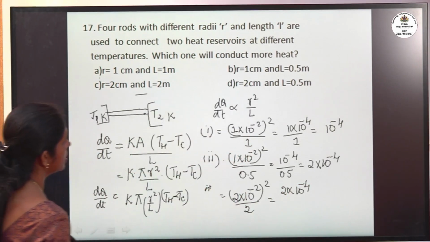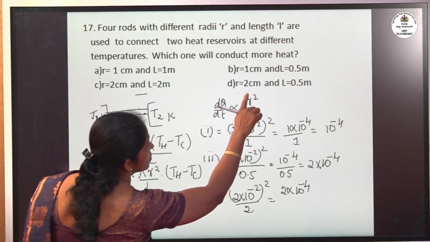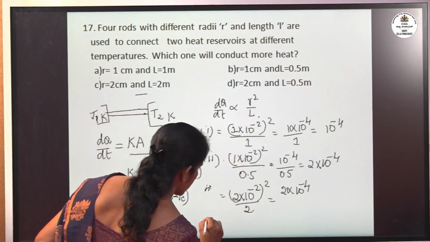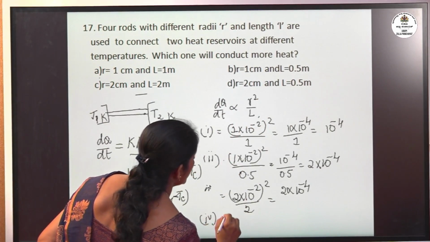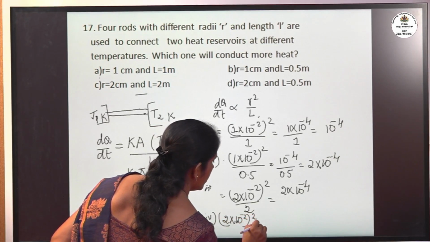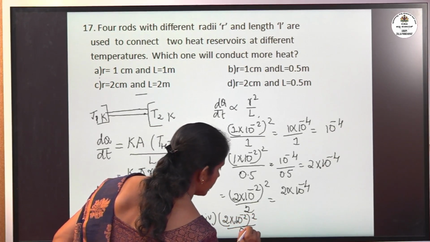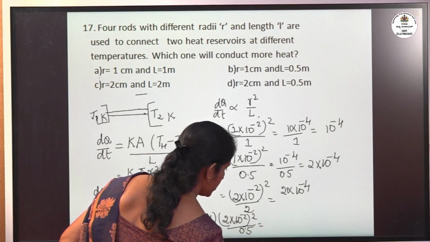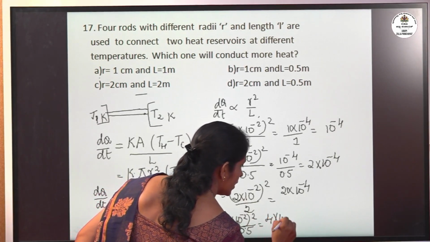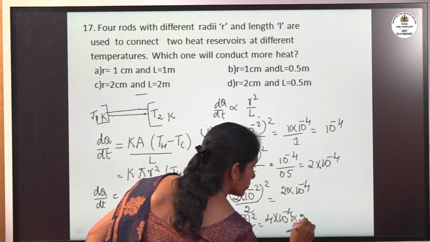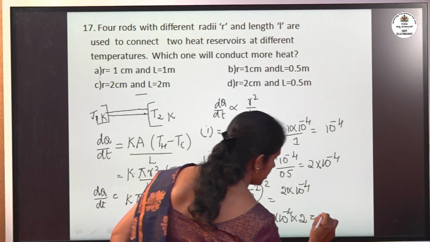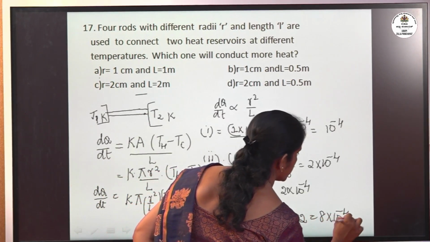And the fourth option, r is 2 centimeter, L is 0.5. R square by L is 2 into 10 power minus 2 squared, divided by L 0.5. 0.5 is 1 by 2, so the denominator goes to the numerator, and it becomes 4 into 10 power minus 4 into 2, or 8 into 10 power minus 4.